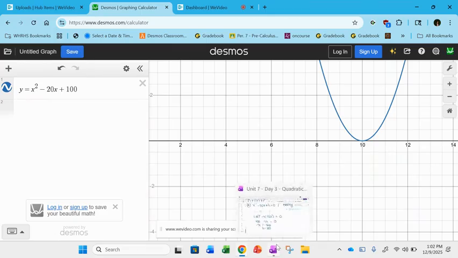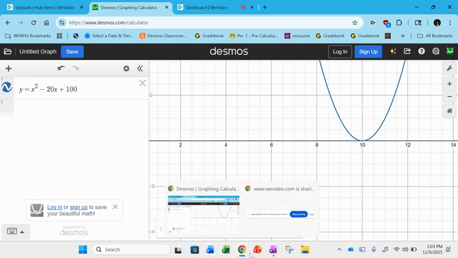Because that root counts twice. So this would be x minus 10 and then another x minus 10. On the test, I'll probably ask something where I say, tell me what the discriminant is, and then I will word it so you have to find the discriminant.